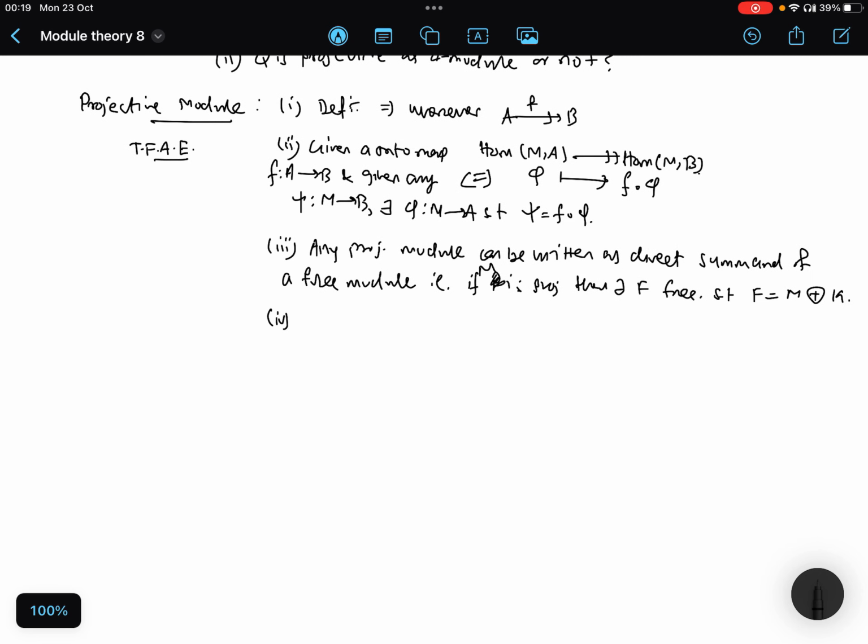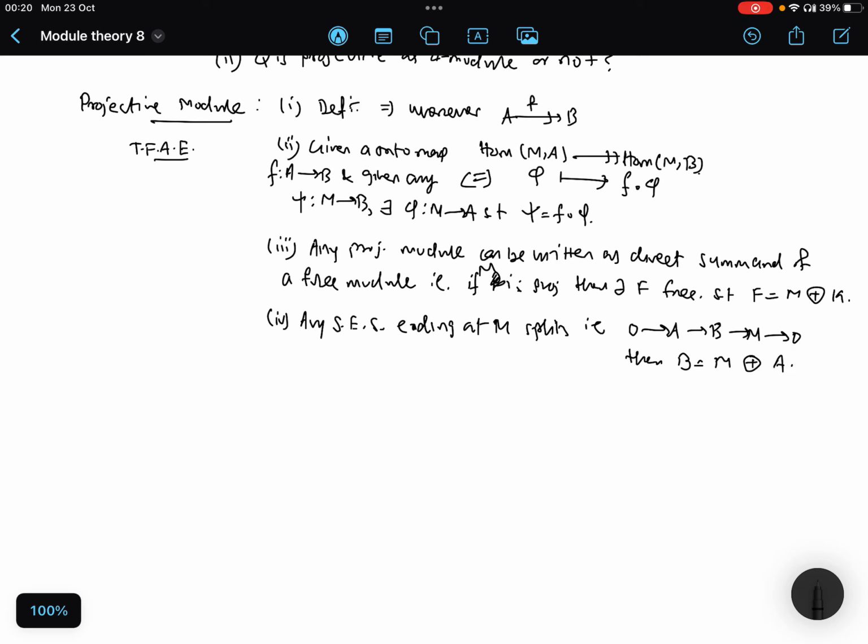And number four is any short exact sequence ending at P, or ending at M, splits. That is, if you have any short exact sequence of this form, then it splits like this.